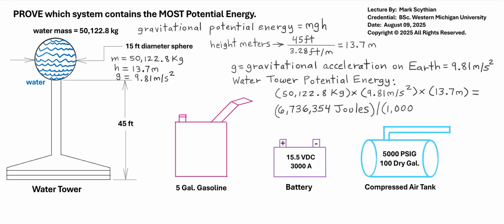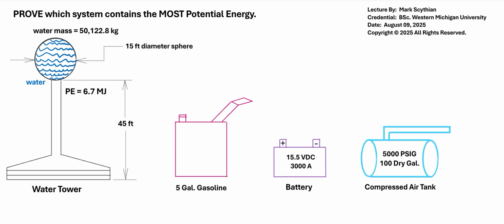So we divide this by a million joules per megajoule, and calculate 6.7 megajoules is the potential energy of the water tower. So we'll convert that to the foot-pounds potential energy at the end of the lecture.